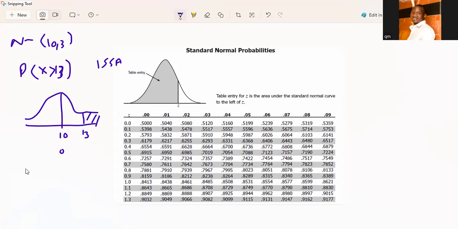So when we standardize this 13, what is the standardization formula? How do we standardize?